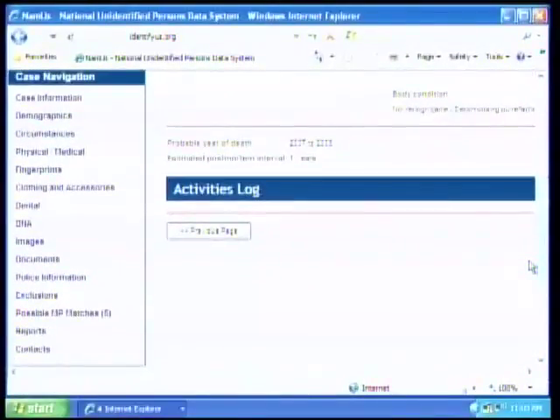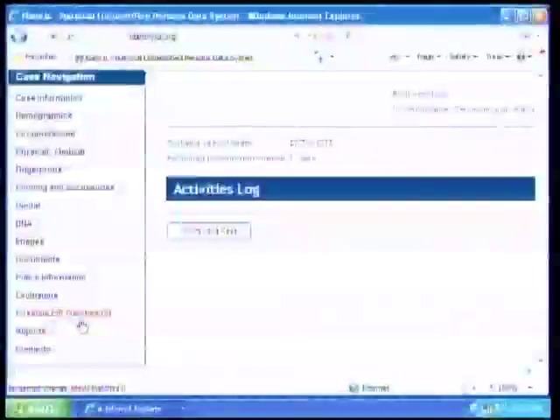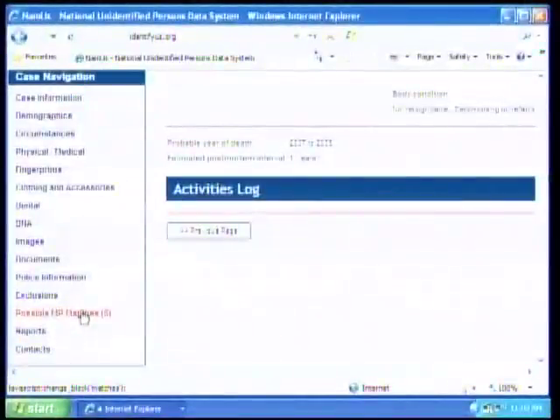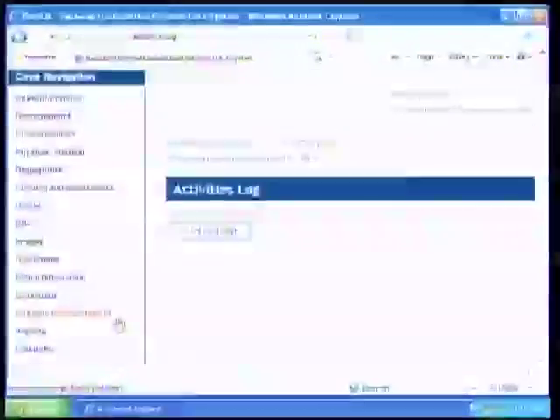So let's take a look at a page that we talked about a bit earlier, but not in any detail, and that is possible missing persons matches. Within NamUs, the search algorithms have found 5 possibilities that are currently listed on the missing person side of NamUs that could be matched to our decedent. Of course, all of them can't match.